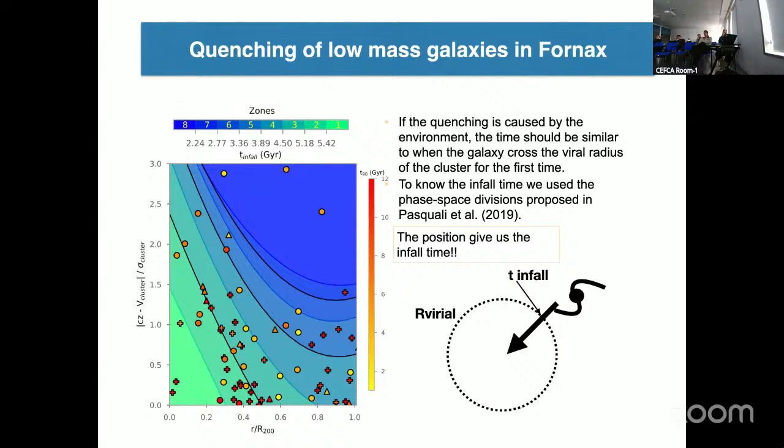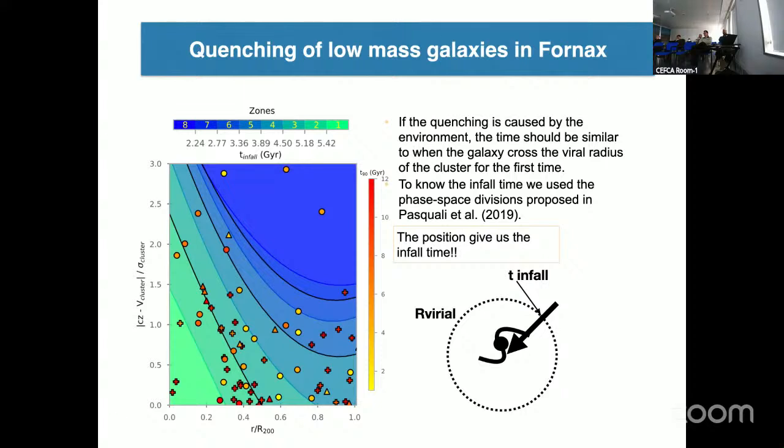So we have to compute two times to answer this question. One time is the quenching time, which is given by the T90, and the other time is the T-infall. The T-infall is the time when the galaxy passed through the virial radius of the cluster for the first time.